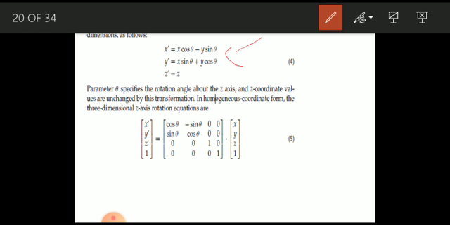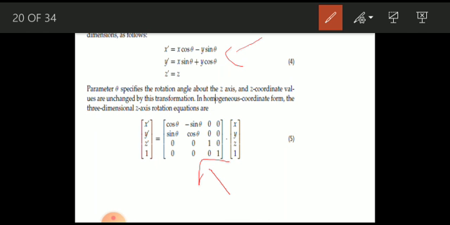because the rotation is happening about the z-axis in this case. Okay, so again, the homogeneous representation in terms of the vector would be x dash, y dash, z dash, 1 is equal to the matrix cos theta, minus sin theta, 0, 0; sin theta, cos theta, 0, 0; 0, 0, 1, 0; 0, 0, 0, 1, multiplied by the vector x, y, z, and 1.